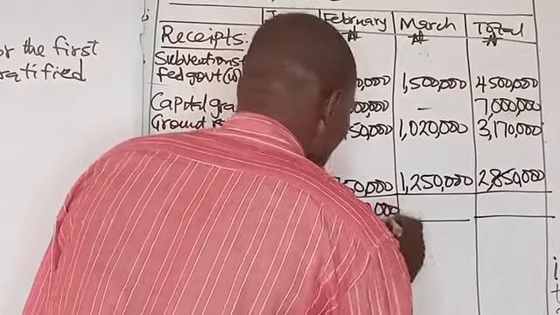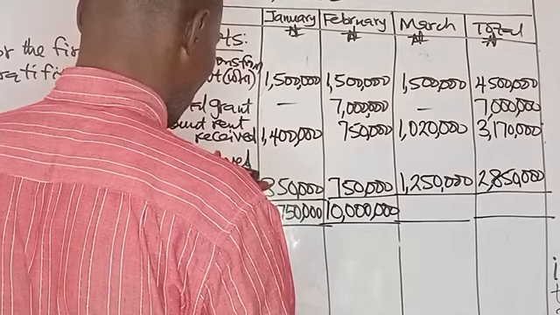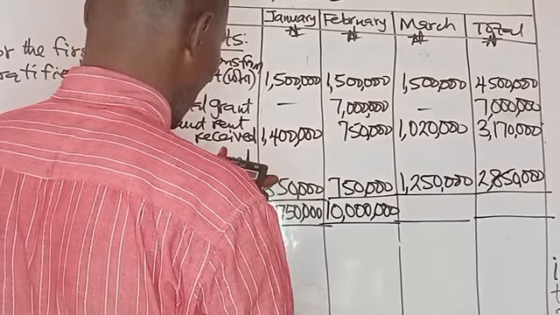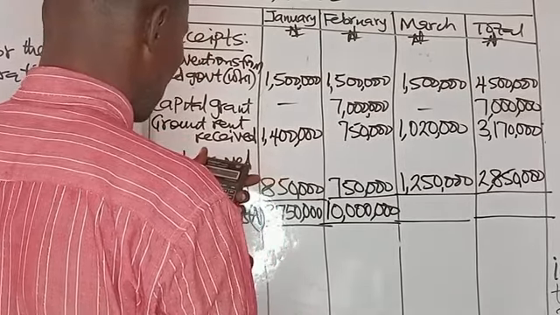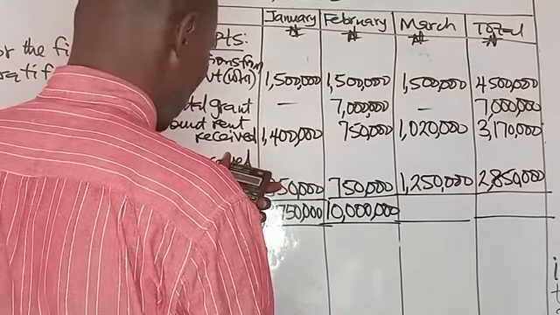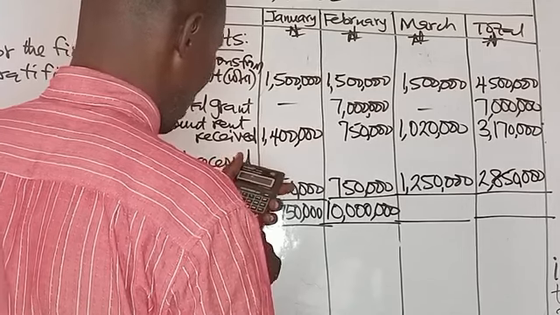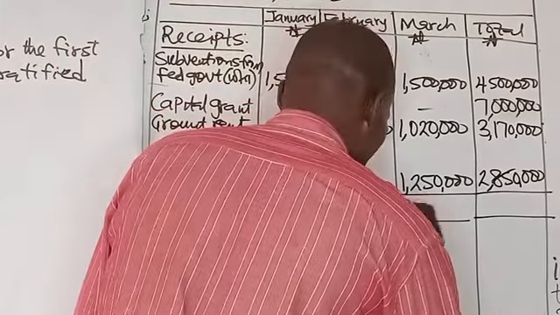In March, 1.5 million plus 1,020,000 plus 1,250,000, we have 3,770,000.